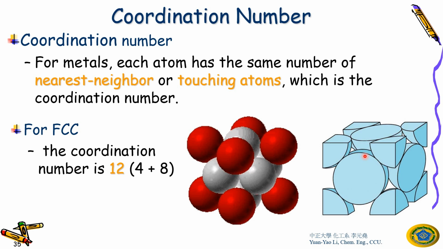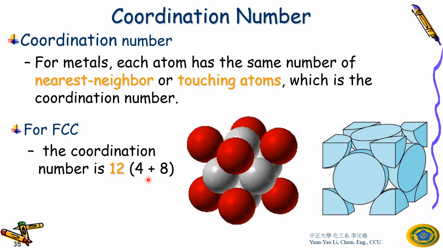The atom on this side has 5, 6, 7, 8. And the atom on the front side has another 4. So 9, 10, 11, 12.